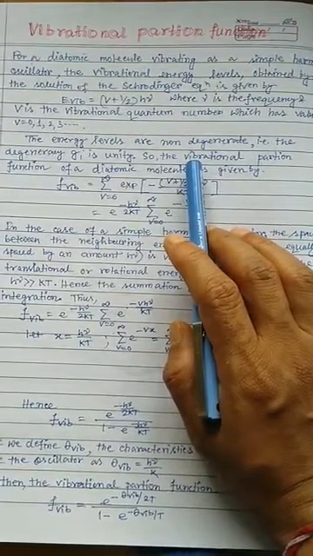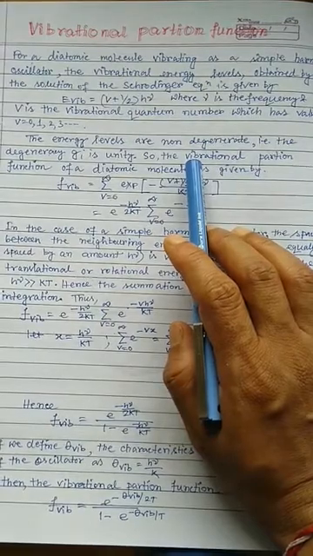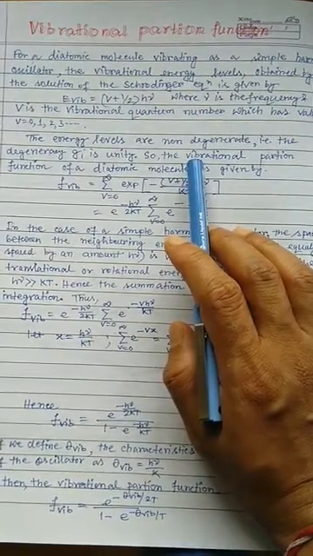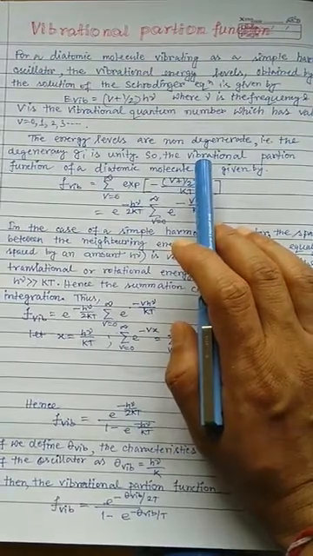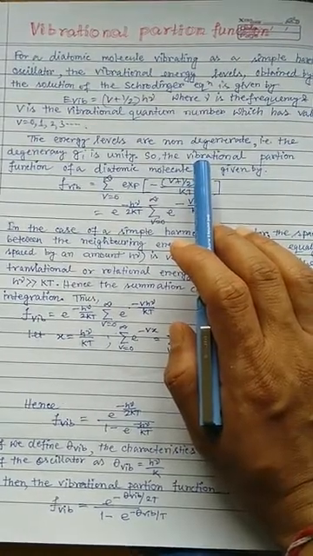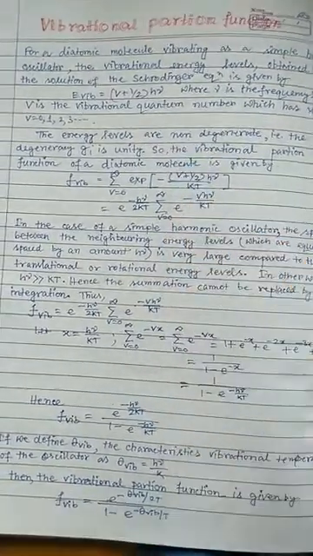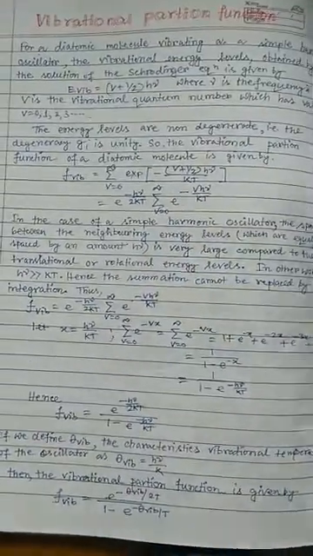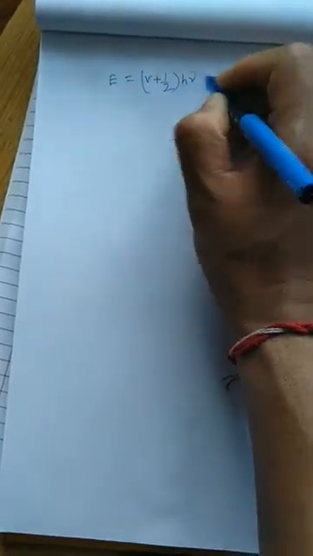Why? Because the successive energy levels of a simple harmonic oscillator are equally spaced, separated by the equal distance h nu. Here I can show you the calculation. E equals (v plus half) h nu.